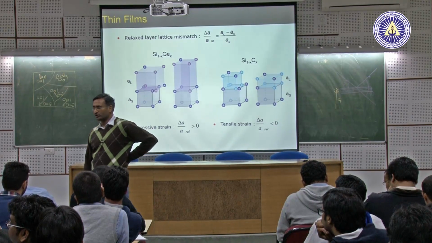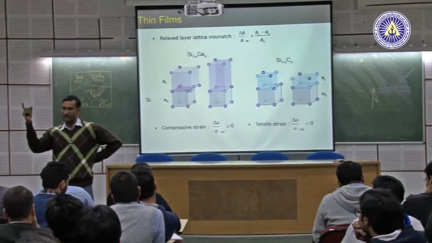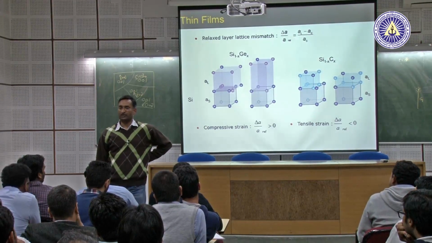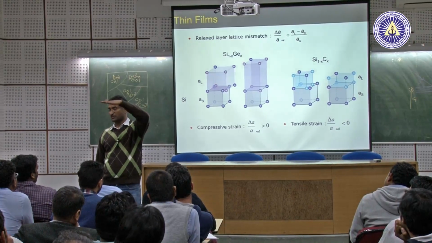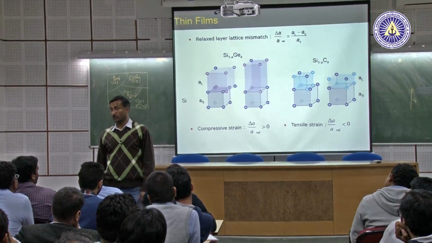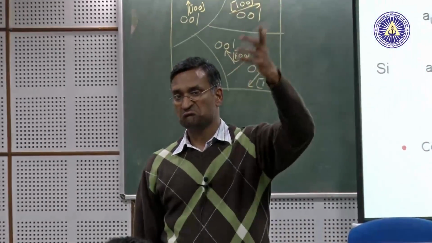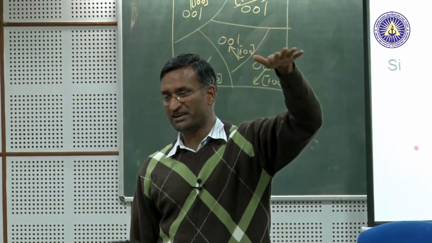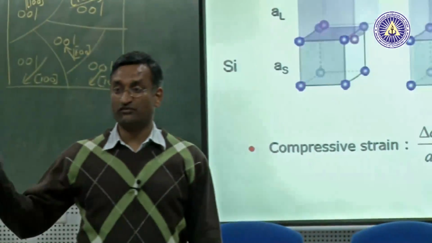But the thing is, this is typically a 2D media. You are looking at a substrate whose thickness is about half a millimeter or 1 millimeter, and a thin film whose thickness is 100 nanometer. So, a thin film is essentially a 2D media, not a 1D media. So, the situation is very different from the bulk.